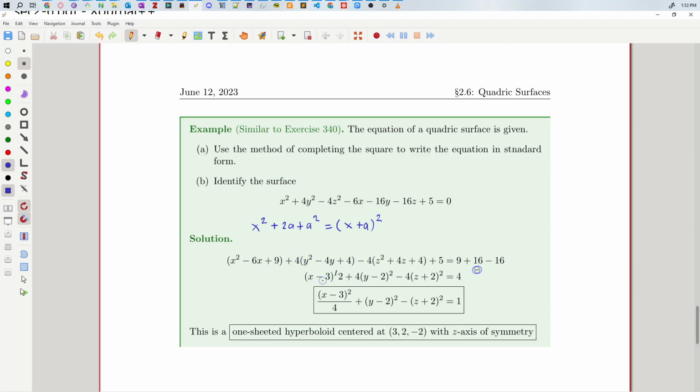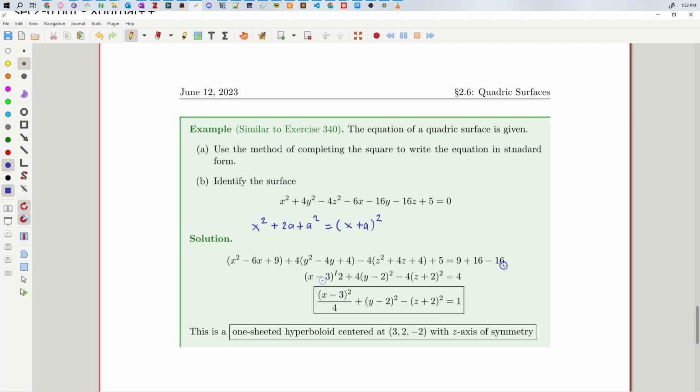So I have to add 16. And then grouping the z's together, we have a minus 4z squared minus 16z, which when we factor the 4 out, we would get a minus 4 times z squared plus 4z. And then to complete the square, we add 4. And so that means that we've actually added negative 16. Notice you have to distribute the negative to that final term. So that ends up adding a negative 16.